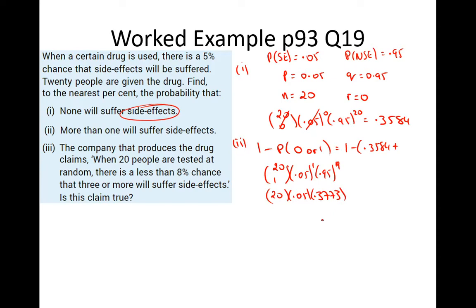Okay, so therefore multiply that by 0.05 and then again by 20, and that comes out this time as 0.3774.